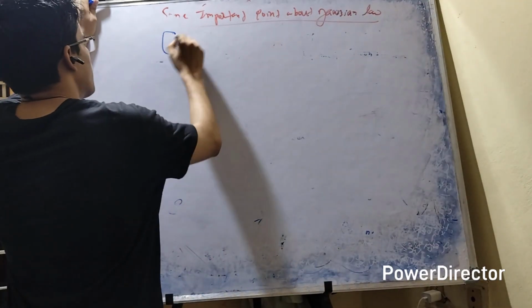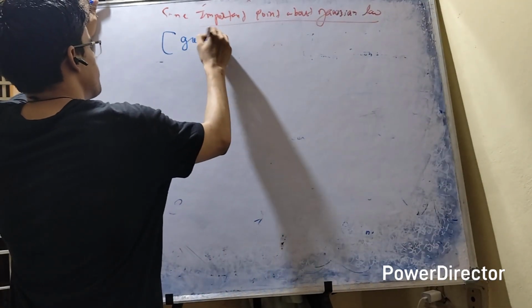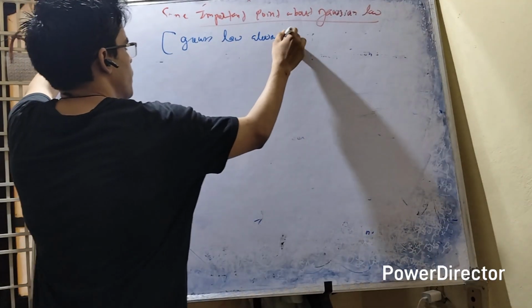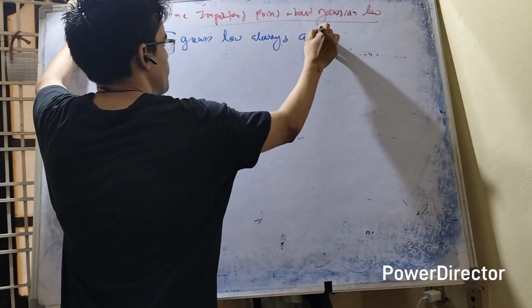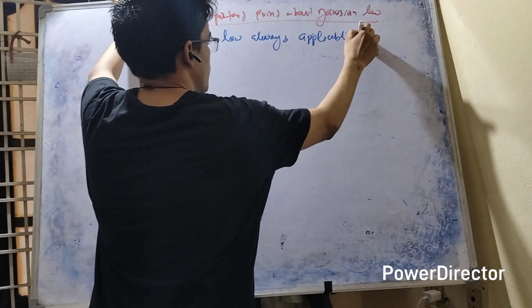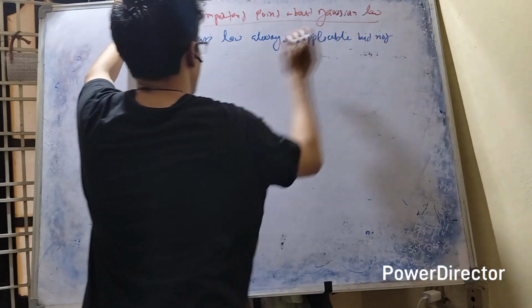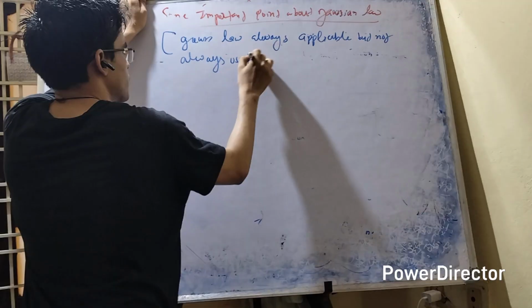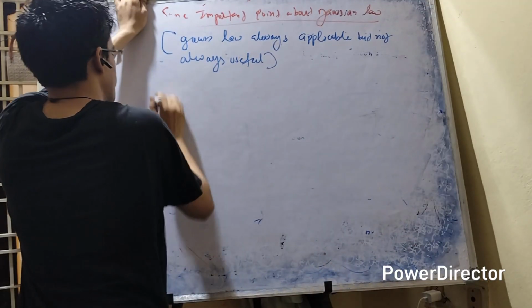That is, Gauss law is always applicable, but not always useful, correct?